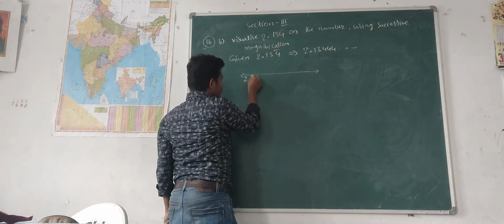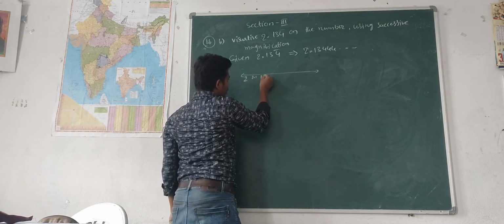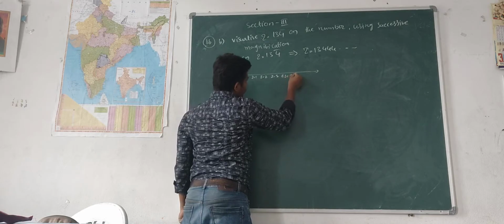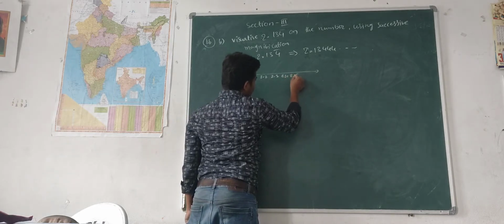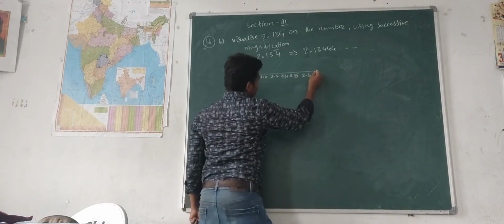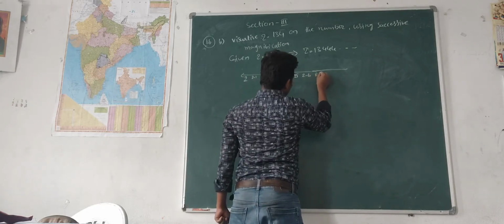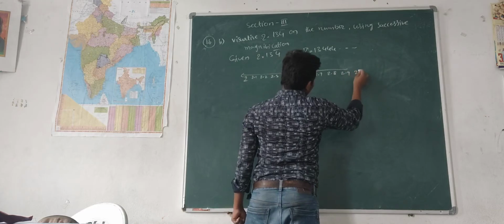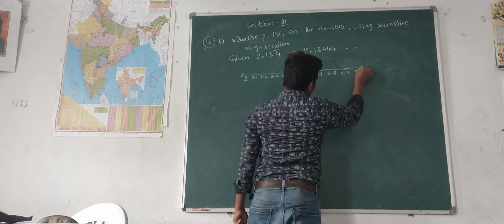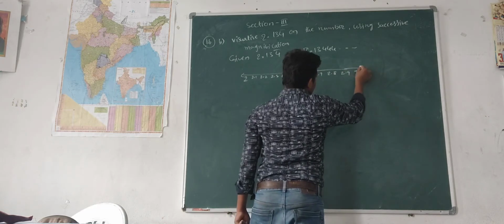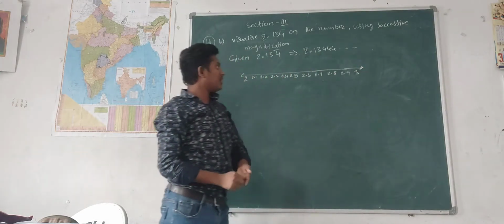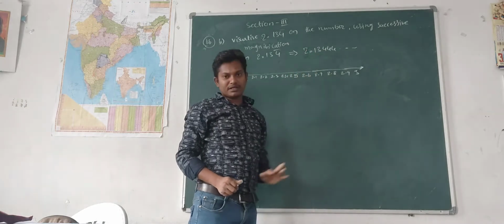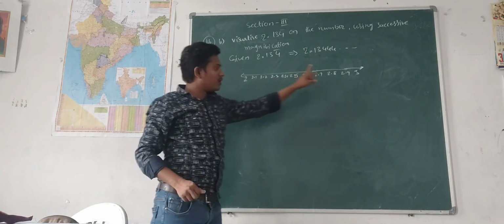This is my 2, this is 2.1, 2.2, 2.3, 2.4, 2.5, 2.6, 2.7, 2.8, 2.9, and the last one, 2.10, means this is 3. This value comes in between 2 and 3.